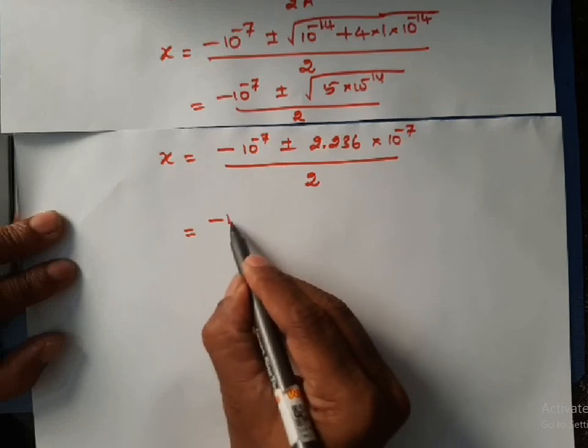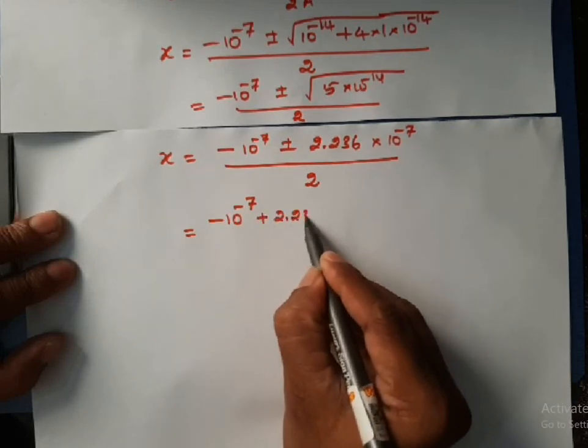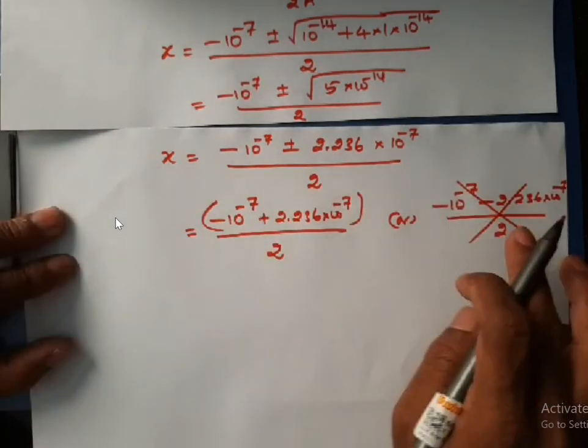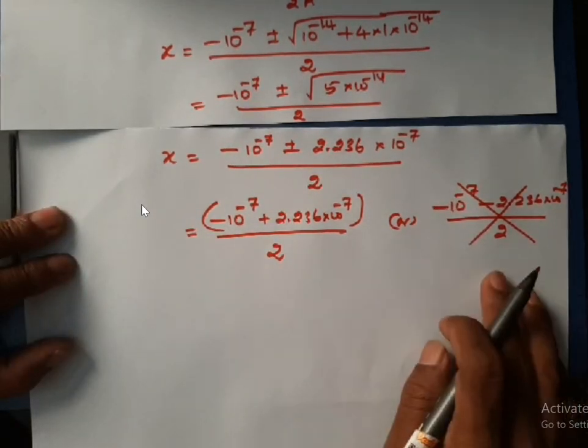We have two possible values: minus 10 power minus 7 plus 2.236 into 10 power minus 7, divided by 2, or the other value, minus 10 power minus 7 minus 2.236 into 10 power minus 7 by 2. I'll get a negative value here. This is not allowed. H plus from water cannot be negative. Therefore, I'm not going to consider that value here.